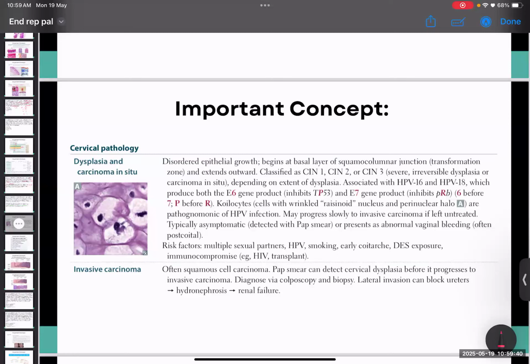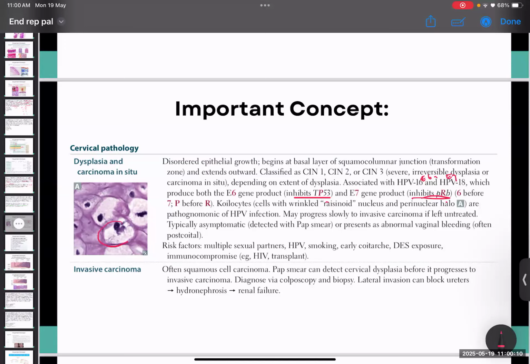Both produce the E6 gene product and the E7 gene product. E6 usually inhibits TP53 and E7 inhibits the pRB gene product. So HPV 16 and 18 have E6 and E7, and E6 acts on TP53, E7 acts on pRB.